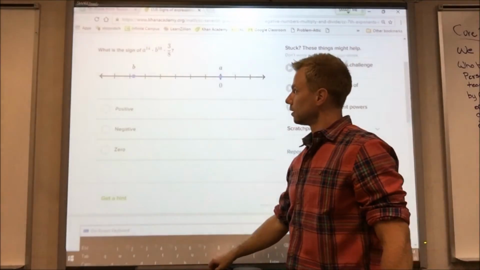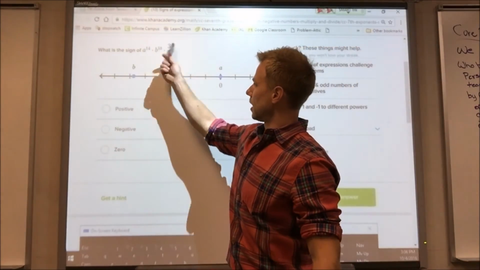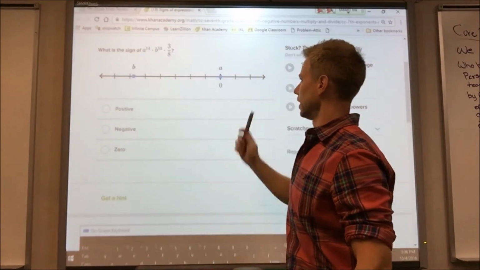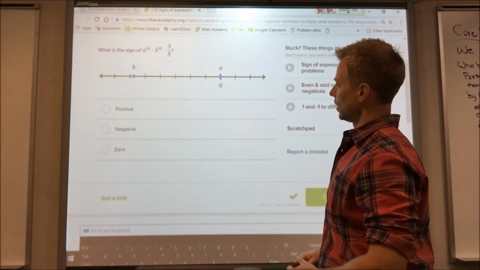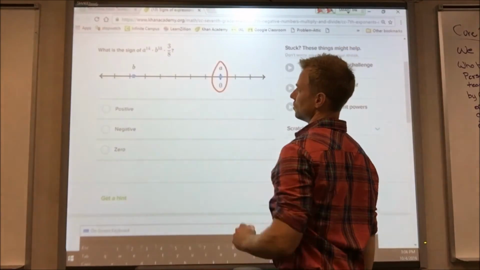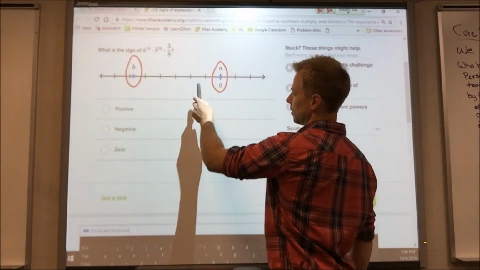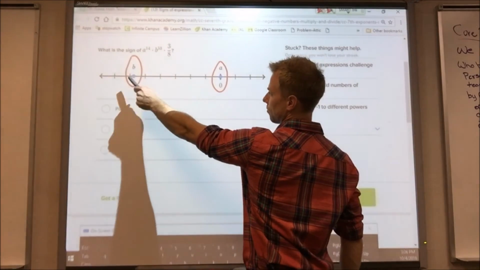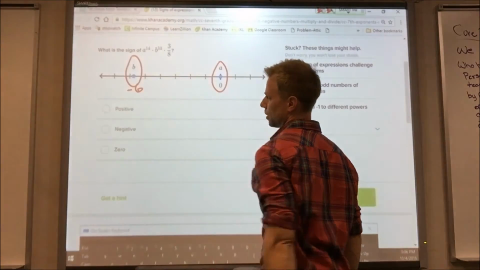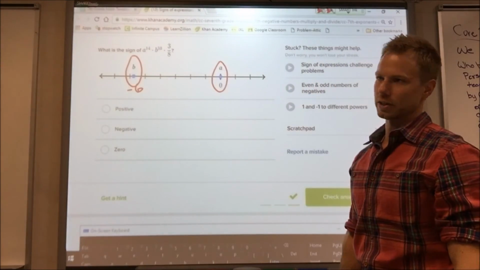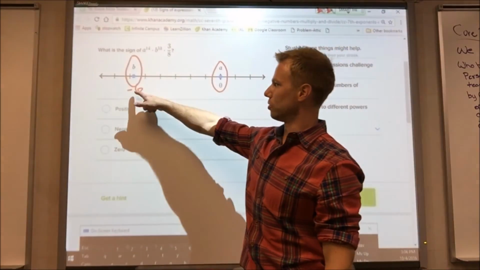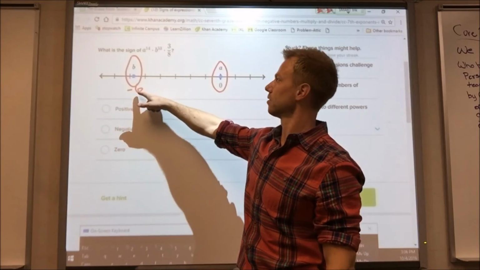Okay, another one trying to make it look complicated, and then they throw in a number line. So we can see that A is 0, B is way down here. It's negative 1, 2, 3, 4, 5, pretty much negative 6. It's pretty close to that. Really, all we need to know is the sign, that it's negative.